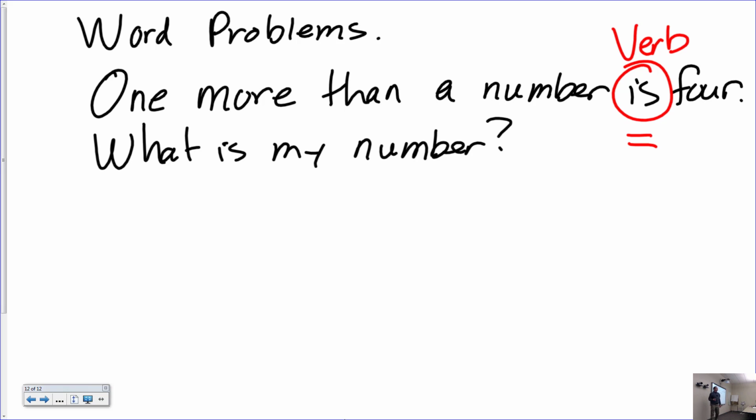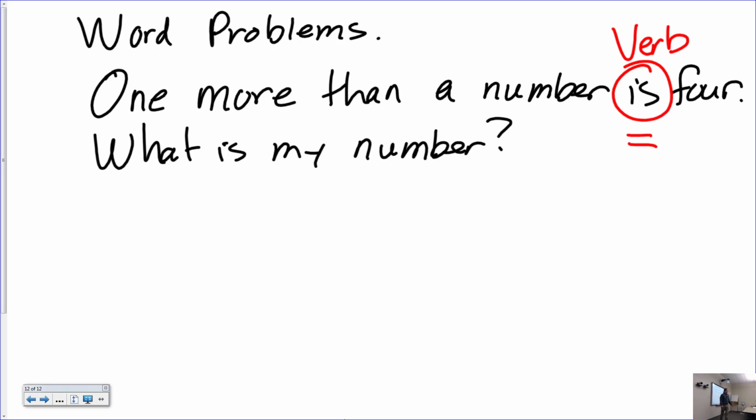One of the handiest tools for working with word problems, folks, is realizing that the verb in the sentence is actually the equal sign 99.9% of the time. Generally speaking, everything that comes before the verb is on the left-hand side of the equal sign, and everything that comes after the verb is on the right-hand side.